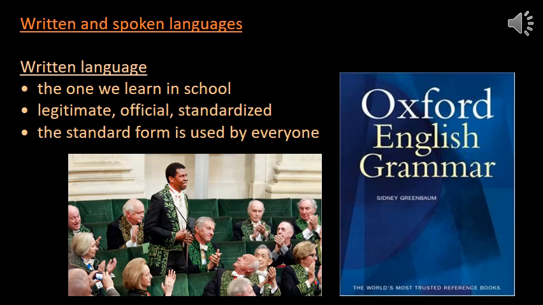Everyone is supposed to use the same form of written language. So the prime minister, lawyers, professors, and your younger siblings will use, the best they can, the exact same version of a written language. This written version of a language does not change through time.